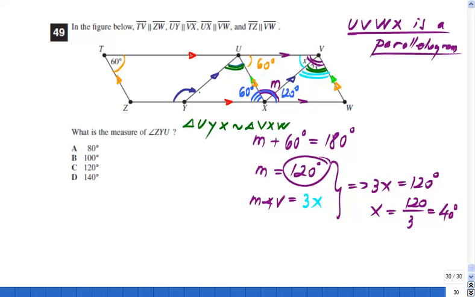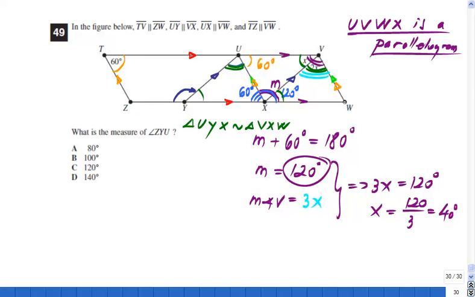Knowing that, I can say that this angle here is how big? Well, this angle here is the same as this one, right? So angle UYX is congruent to angle VXW, but that VXW is actually x degrees in measure, right?